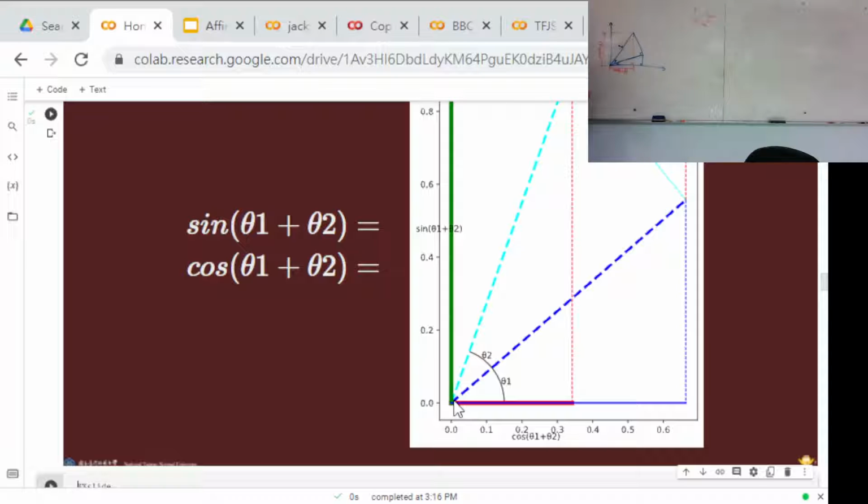Cosine alpha, no. No tangent, no. If this is 1, and this is a 90-degree angle here, then this must be cosine beta, right? The length from here.